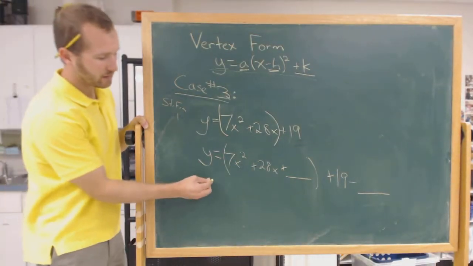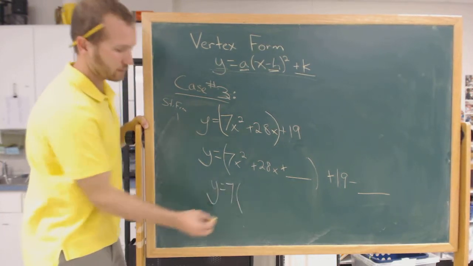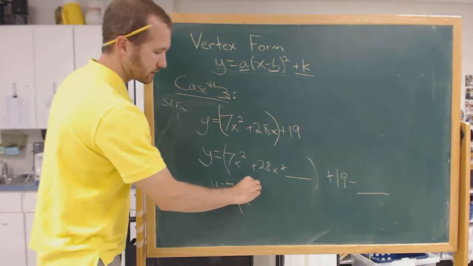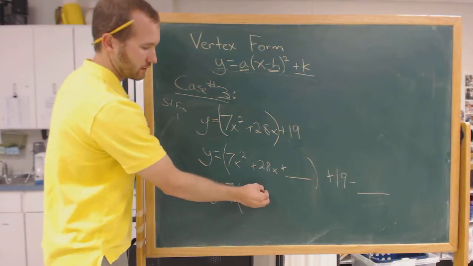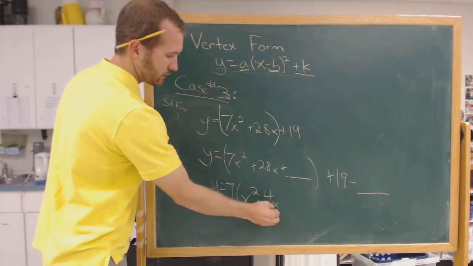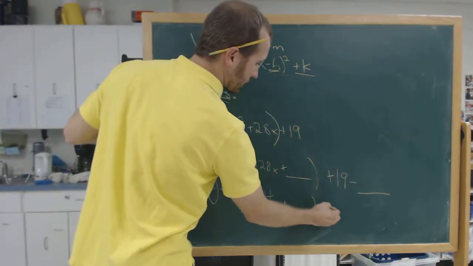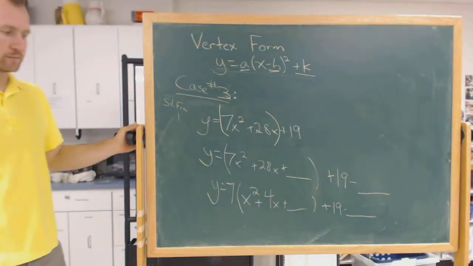Now I'm going to factor out my 7. If I factor out 7 from this parentheses, I have x squared plus 4x plus something, plus 19 minus something. Just copying that all down.